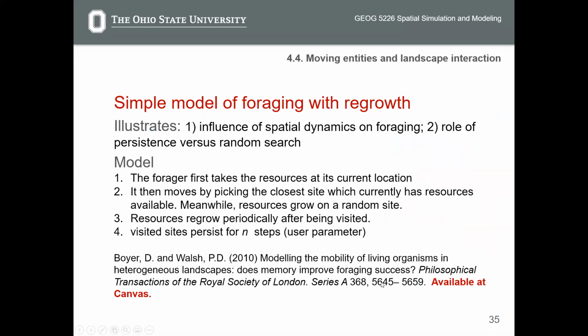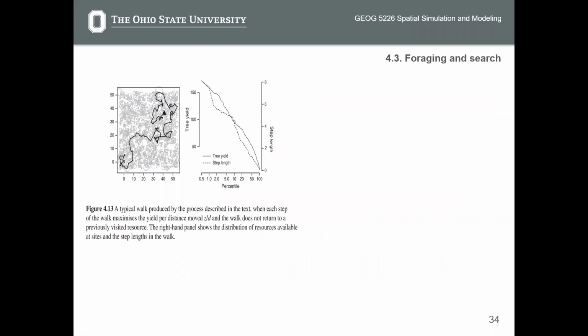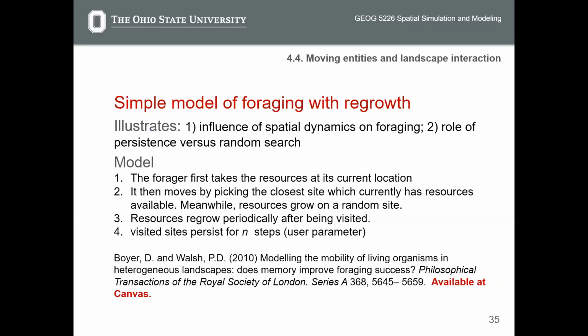If we compare the model I'm introducing in section 4.4 to other models, especially the monkey searching model from 4.3, the difference is enhanced interaction between the forager and the landscape, because here we assign resources to random sites dynamically during the simulation.